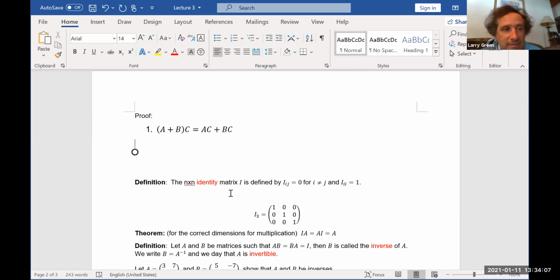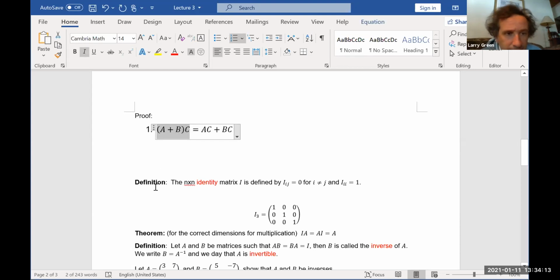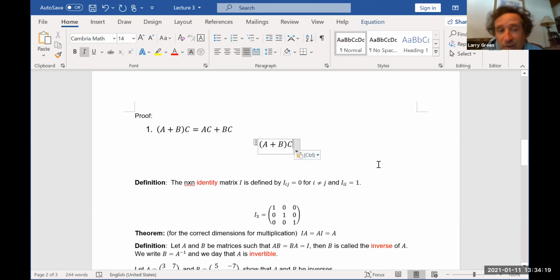A plus B. And by the way, hopefully you're used to this. If you want to prove an equality, start on the left and try to get to the right. So what is A plus B by definition? Well, first thing, I don't really care about the whole matrix. I need the ijth component in general.